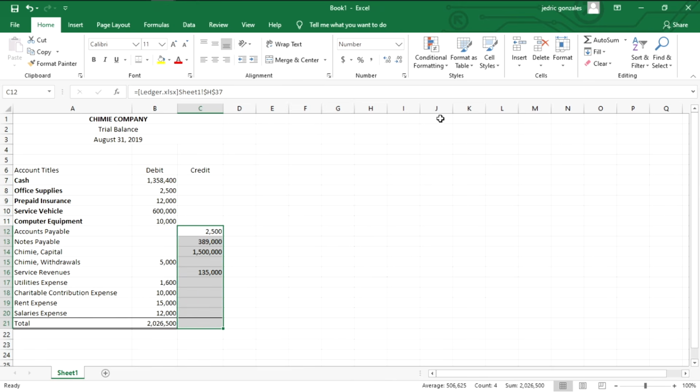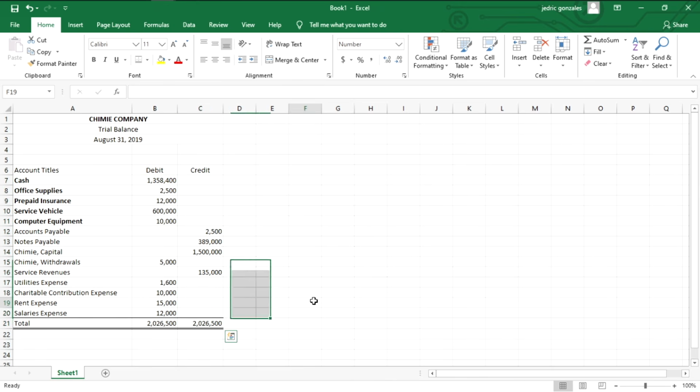And then for this, okay, balanse tayo. So, yan. Si 2,260,500 na debit ay equal kay credit na 2,260,500. So, once na balance mo na yan, that means tama yung ginawa mo. So, that would be all.